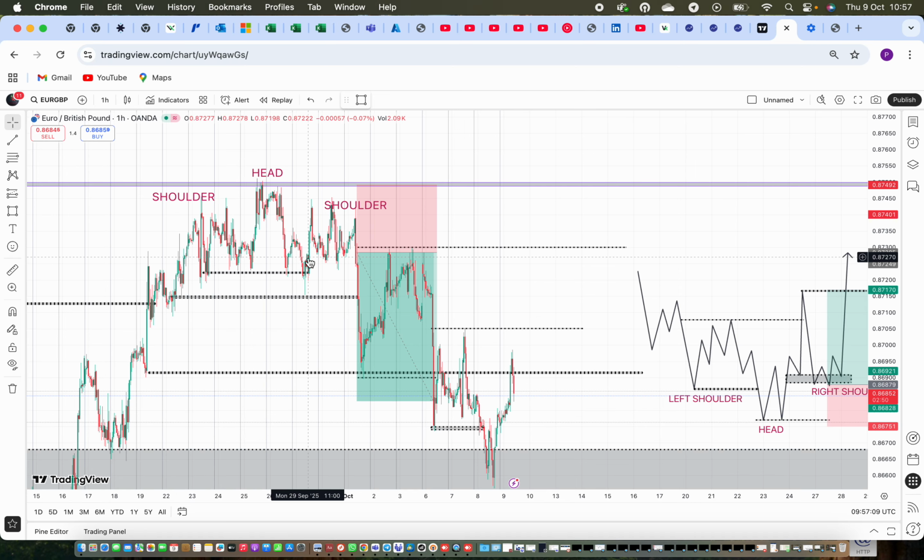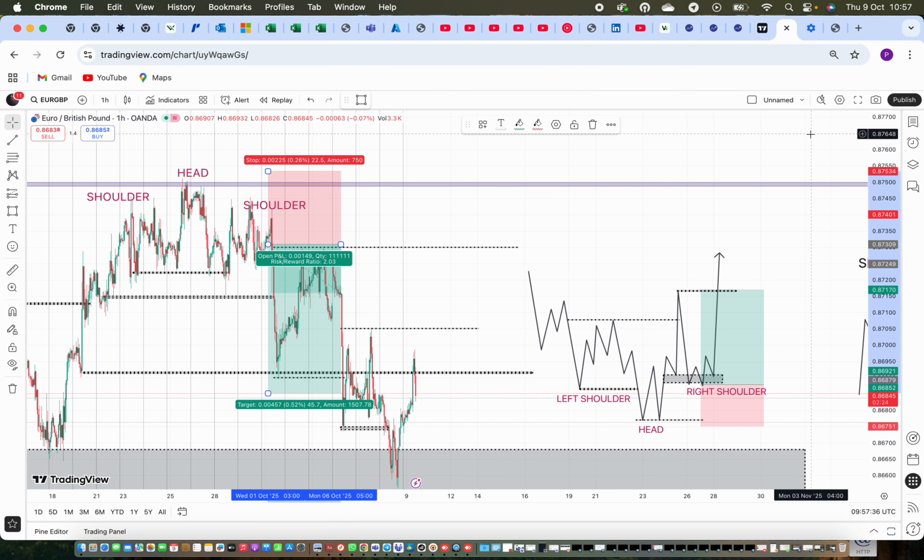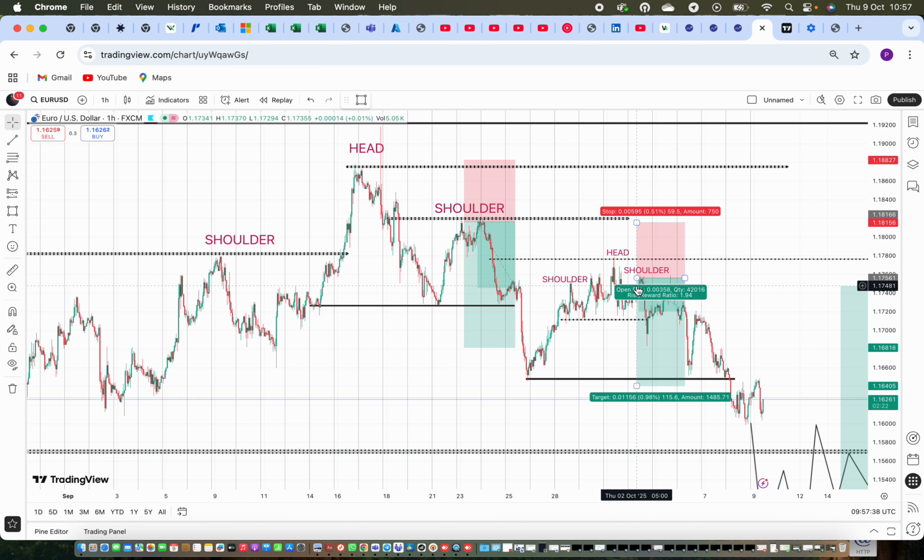Remember I told you that when the shoulder, head and shoulder formation forms and price comes back to this level, we should look for some sort of shift of market structure before we take an entry, and that is what also happened here. And when this price pulled back, it's safe for us to enter this trade and make sure our stop loss is above this shoulder, above the head, like I said. And when you take a trade, you end up having a sniper entry like this. And that is what happened here as well.